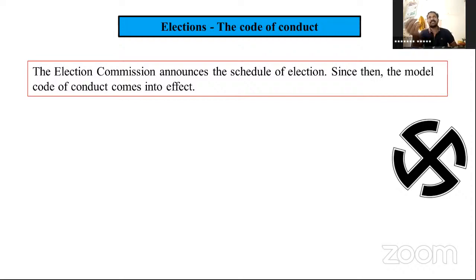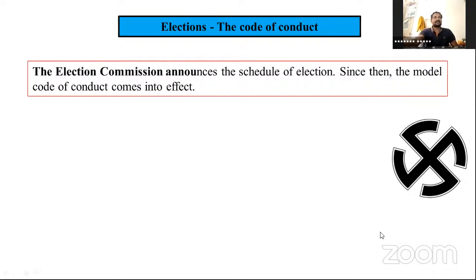Automatically, if anybody violates this code of conduct, the election commission initiates disciplinary action. Okay, next slide. Next slide.